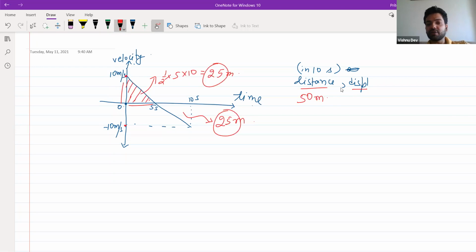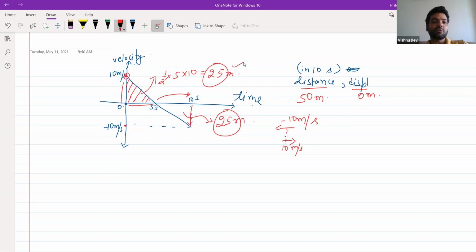And displacement will be 0, because from 5 seconds to 10 seconds, as you can see, the velocity is negative. What is this indicating? That the object is on its return journey. If it is initially starting with 10 meter per second, and finally it has minus 10 meter per second, that means it has reached the same position again.